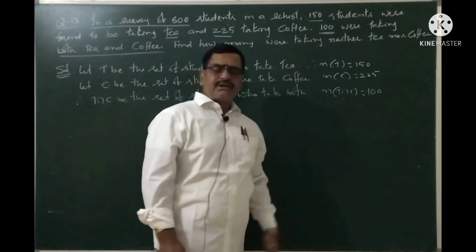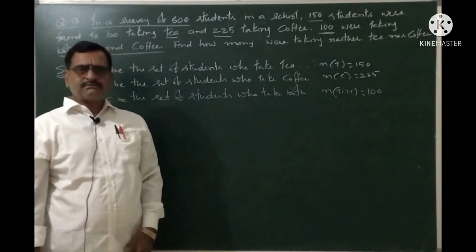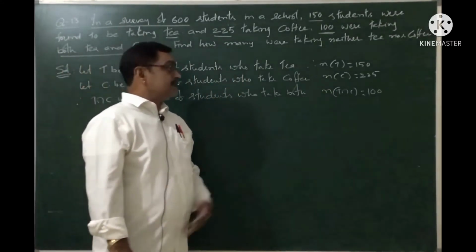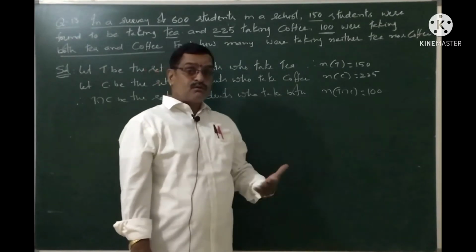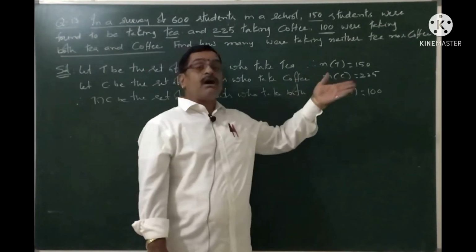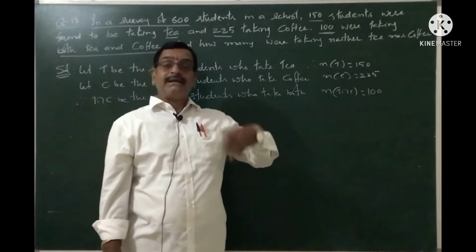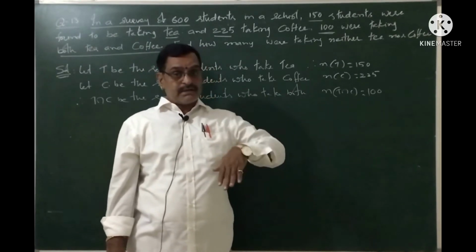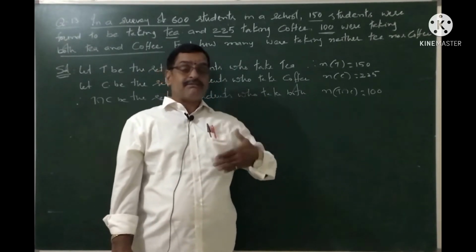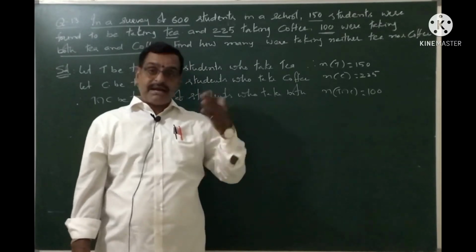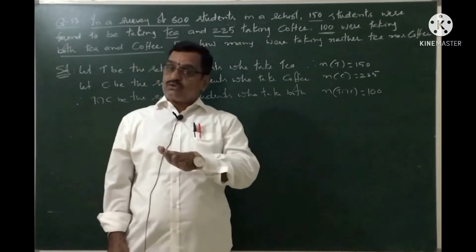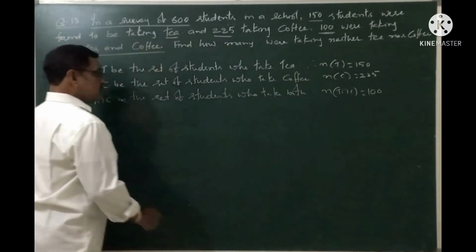From this information, can we find anything? Yes, we can find the number of students who take either tea or coffee. I told you in the beginning itself, A union B means either A or B or both. So let us find that one.